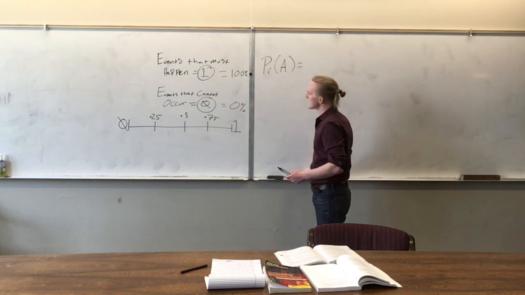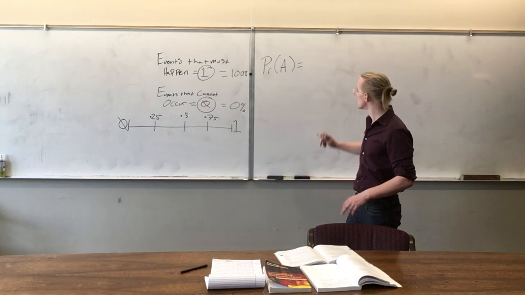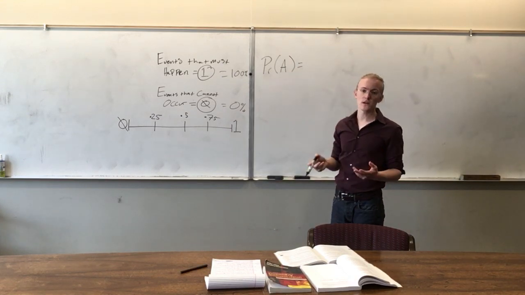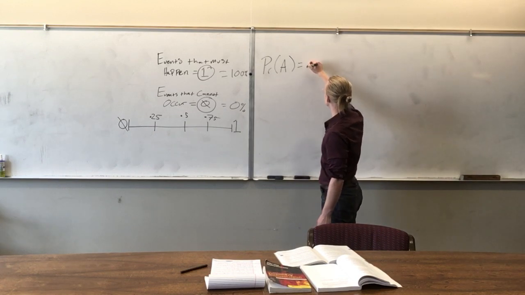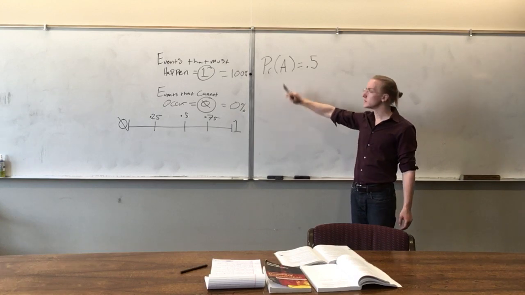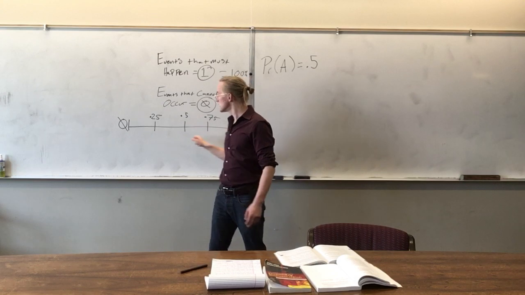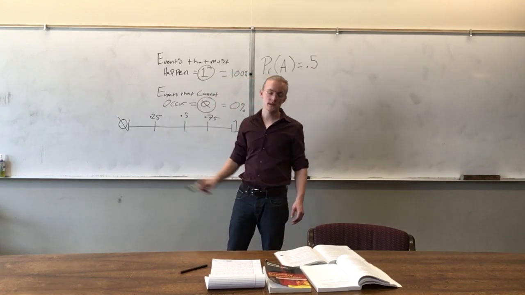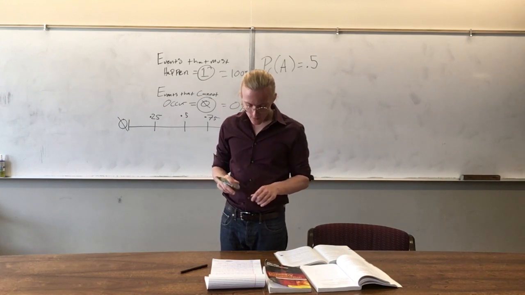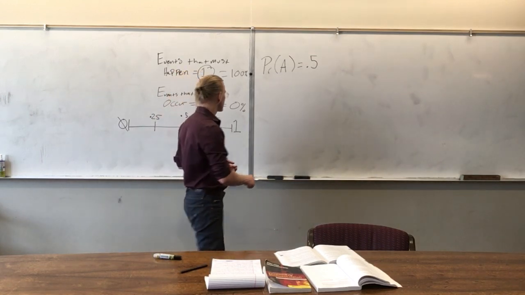So we might say, what's the probability of a fair coin flipping heads on a single flip? The probability of A, our event of the coin flipping heads, equals 0.5, right? So this is how we annotate a probability. And this is the way in which we value probabilities, between 0 and 1. And with that in mind, we can begin to construct our rules of probability theory.